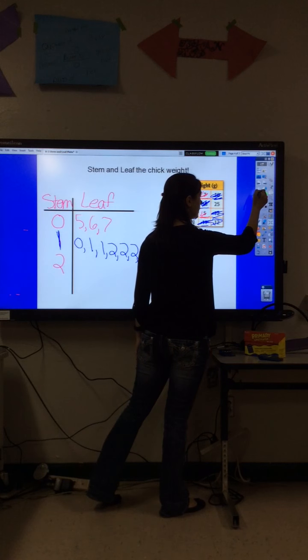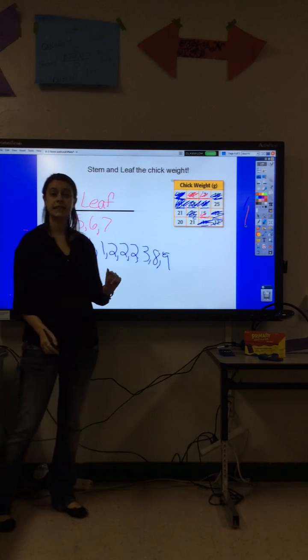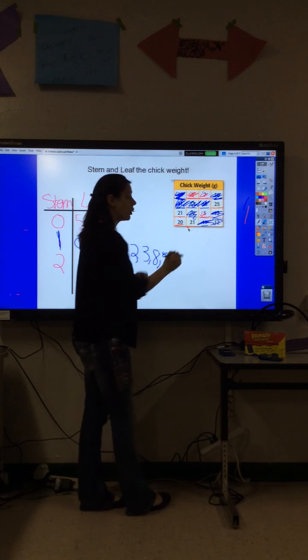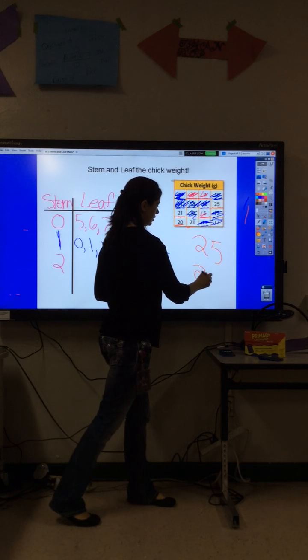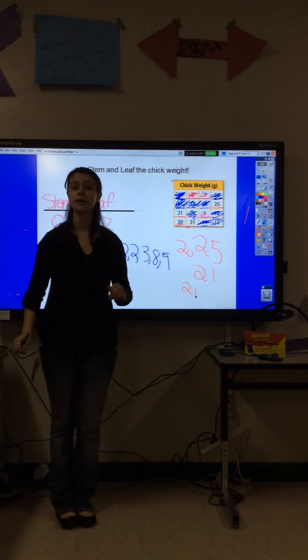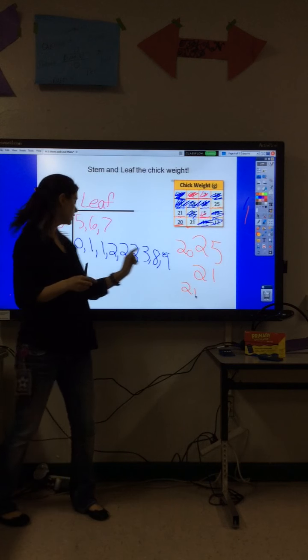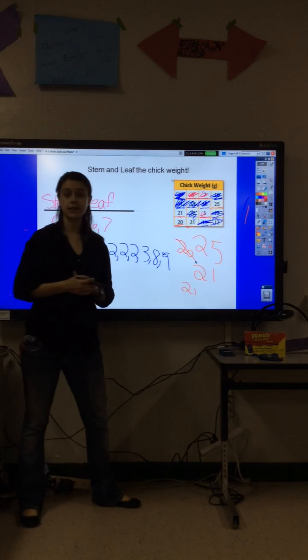Okay. So now let's look at the 2 being in the tens place. So we have 4 numbers. We have a 25, 21, a 20, and another 21. So the smallest number, 20. So 2 and a 0, and cross it off.